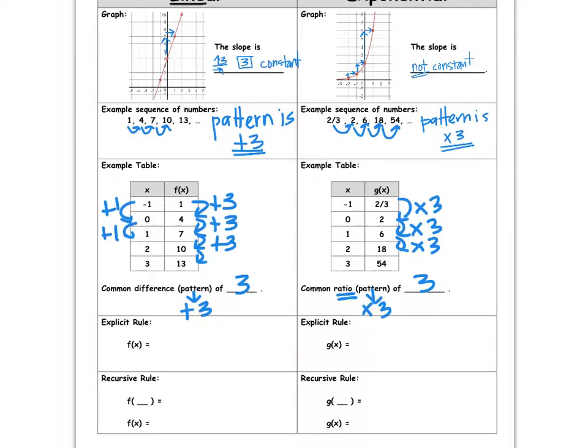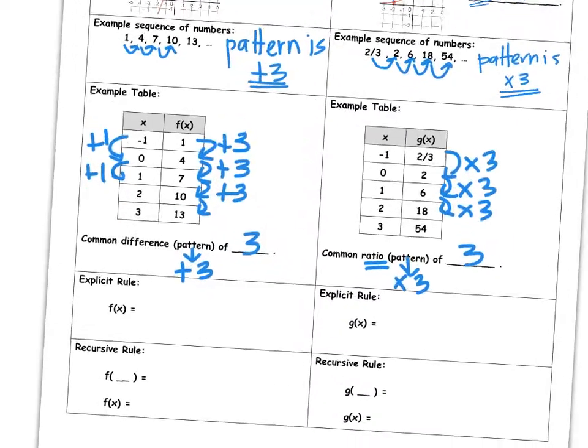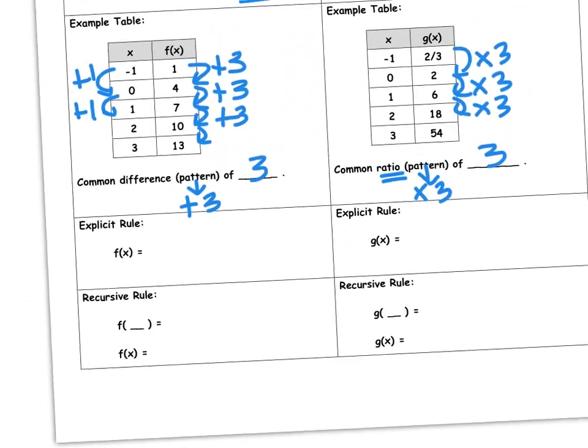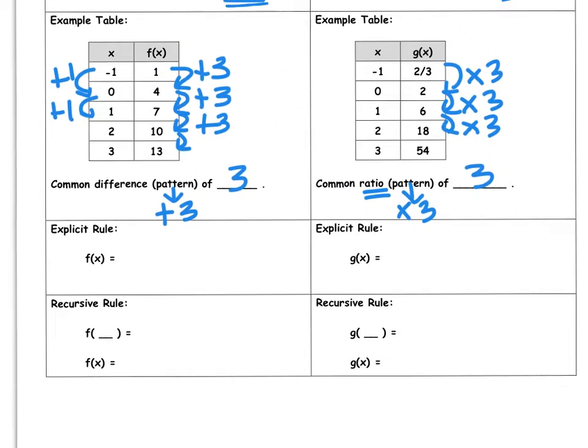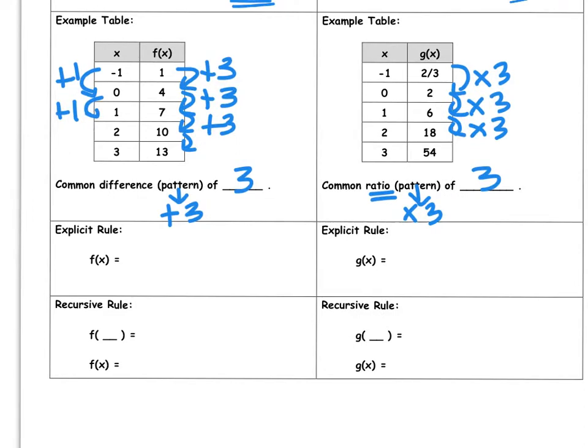All right, lastly, we have our explicit and our recursive rules. We'll do explicit first. We've covered explicit in a different unit for linear functions. I'm going to look at my table, and something important that you need for all of these rules is this point 0, 4. So the y-intercept is 0, 4.